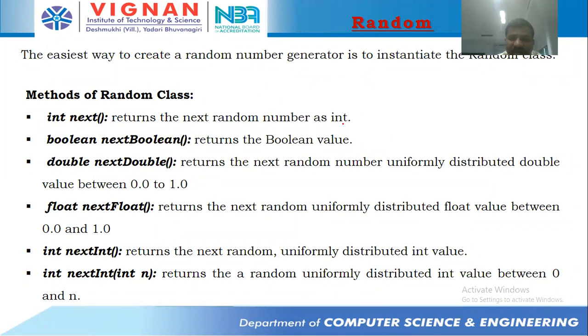One returns the random number as an integer, and one returns a boolean value. nextDouble returns the next random number uniformly distributed between 0 and 1.0. nextFloat returns a float value uniformly distributed between 0 and 1.0. nextInt returns the next uniformly distributed int value. nextInt with n returns a random number uniformly distributed between 0 and n. That means if you give a certain range, it returns a random number between 0 and n.